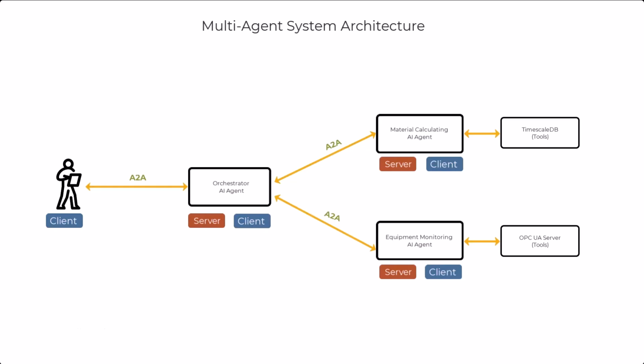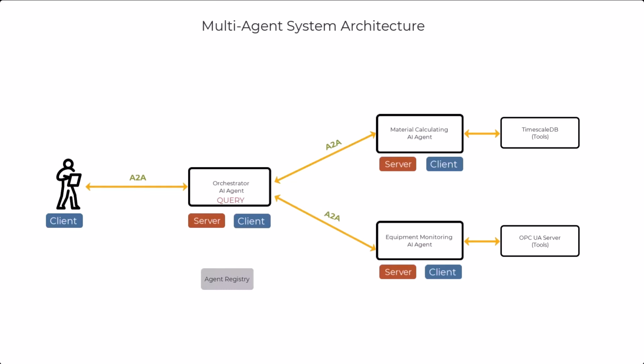Okay, so now that you've got a brief understanding of what A2A is all about, let's go ahead and look at our multi-agent industrial AI architecture based on A2A. When a user asks, can we produce 4 batches of product A? The request goes to our orchestrator agent, which exposes an A2A server endpoint.